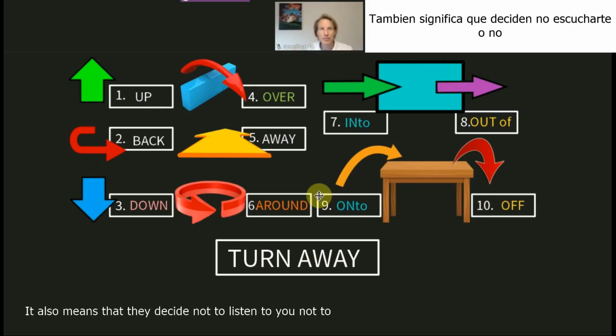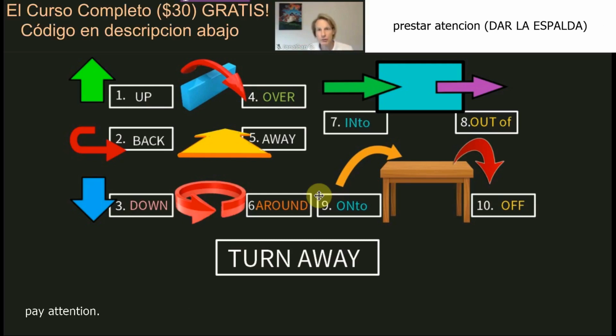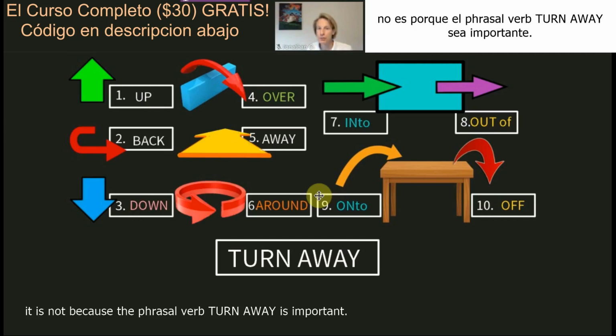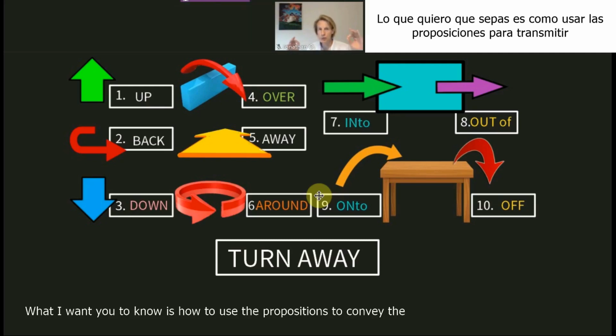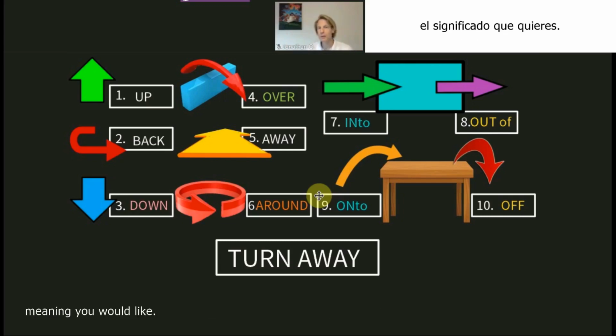It also means that they decide not to listen to you, not to pay you attention. Again, I repeat, it is not because the phrasal verb turn away is important. What I want you to know is how to use the prepositions to convey the meaning you would like.